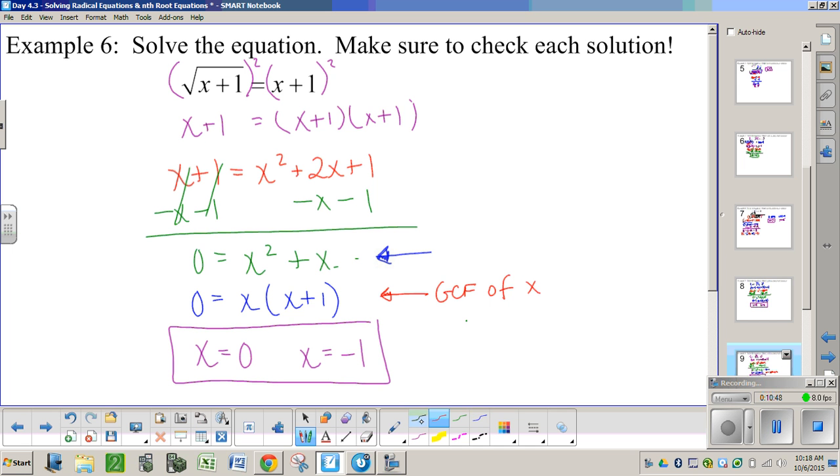My factors were x and x plus 1. So those are the two expressions that I set equal to 0 in order to figure out what my solutions were. And if you didn't already, make sure you check them. They both do check, but make sure you get in the habit of checking your solutions.